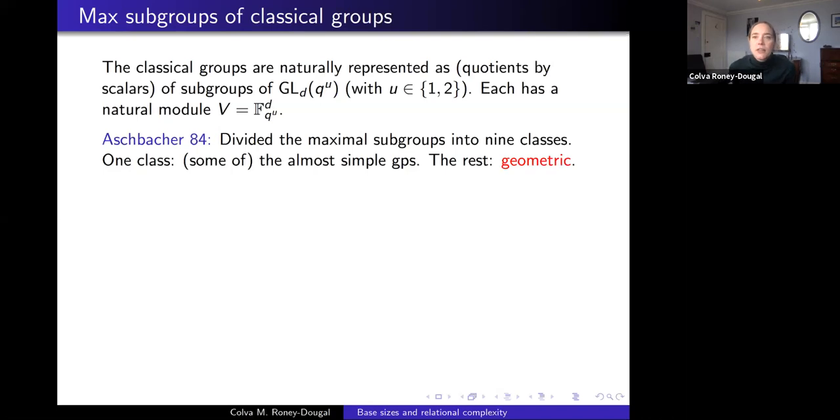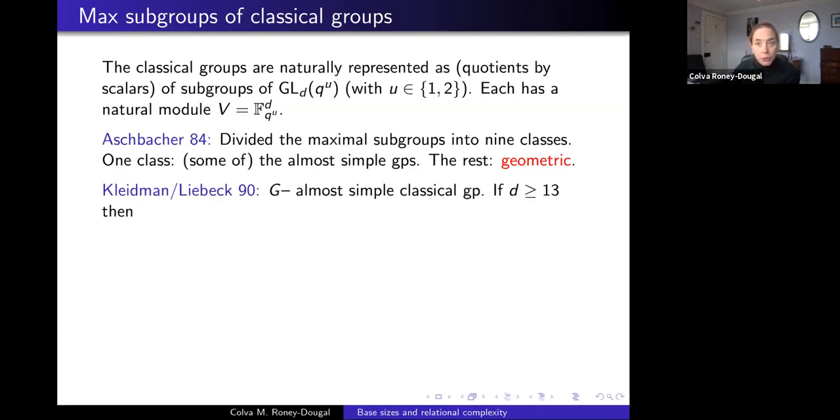The other classes, so the other 8 of them in Aschbacher's theorem, are all called geometric. So we can hope to make some statements about geometric subgroups versus almost simple maximal subgroups. So Cline and Liebeck in 1990: now if G is an almost simple classical group, for dimension at least 13, so a natural module of dimension at least 13, we're talking matrices of size at least 13 by 13, then we know all of the geometric maximal subgroups of G. All of them.